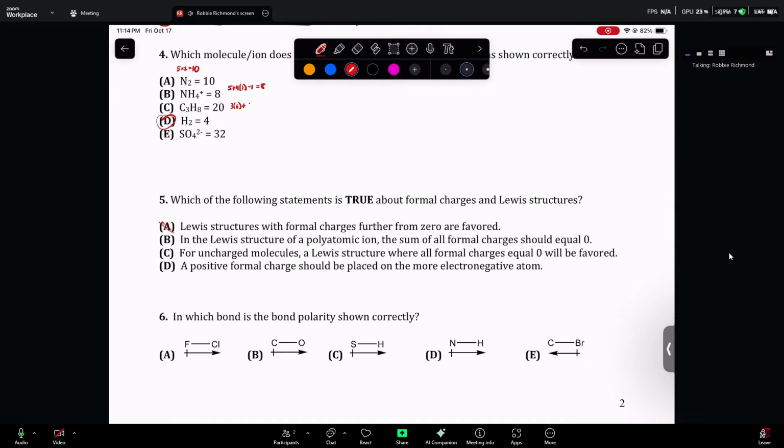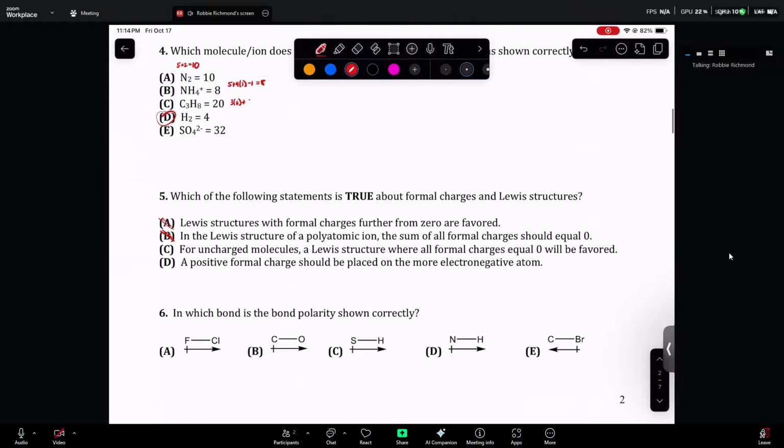That's not true. Remember, if we have a polyatomic ion, all the formal charges of the atoms comprising that polyatomic ion should equate to the overall charge of that polyatomic ion. We discussed that in the free response questions.